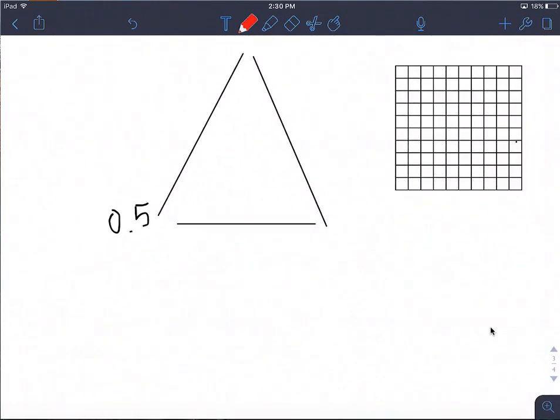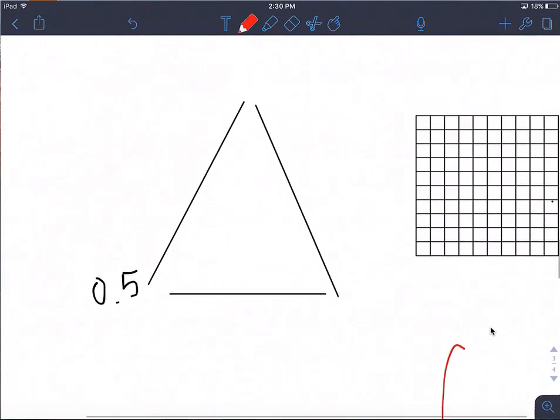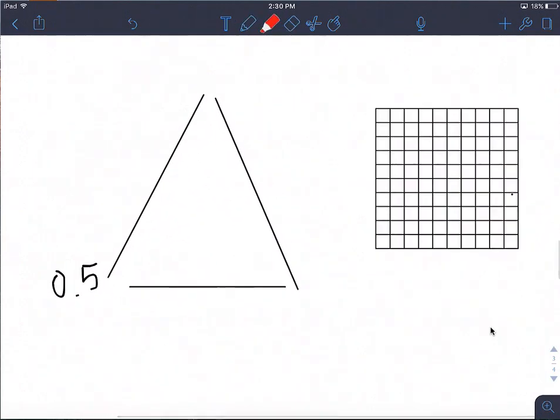Last one, 0.5 they're giving us. So if I'm thinking about what that means in terms of my 100% blocks, the 5 is in the tenths place, so that means I'm coloring in 5/10.